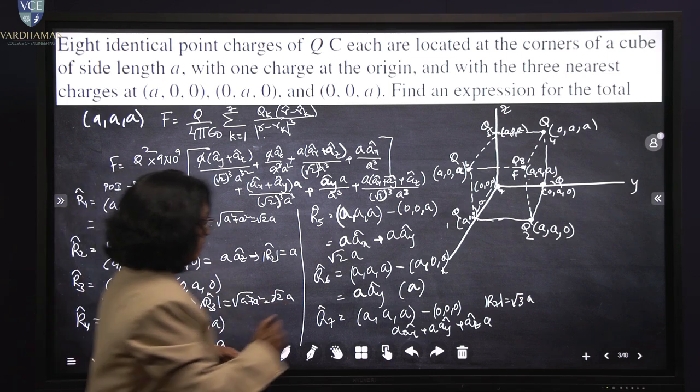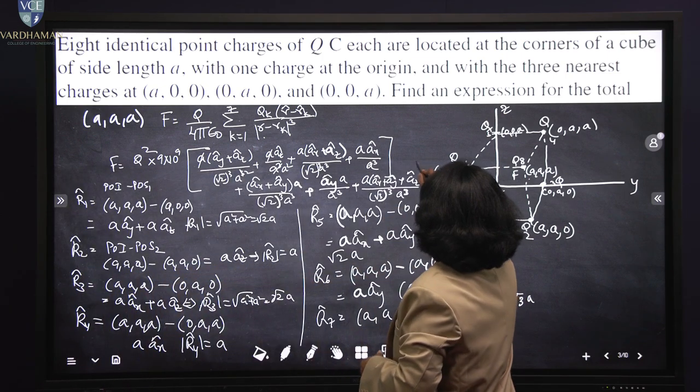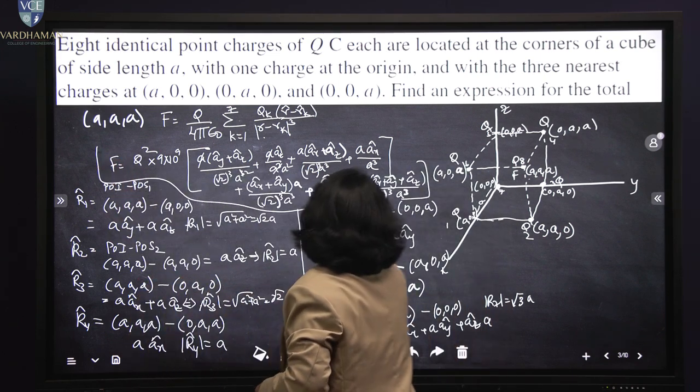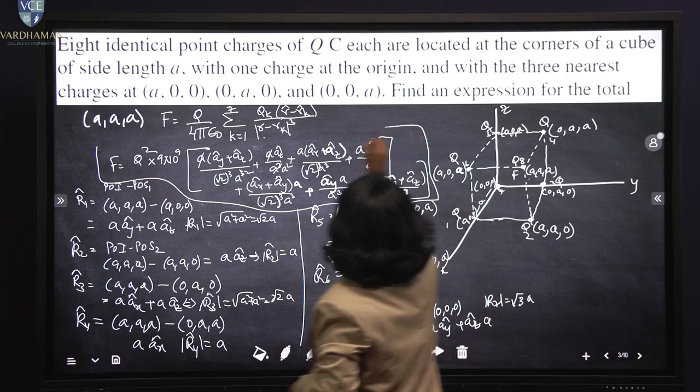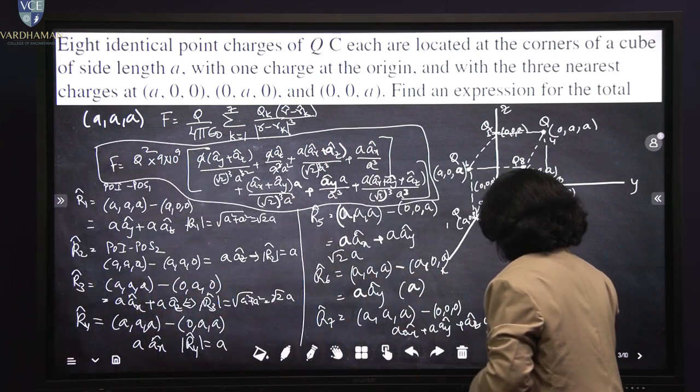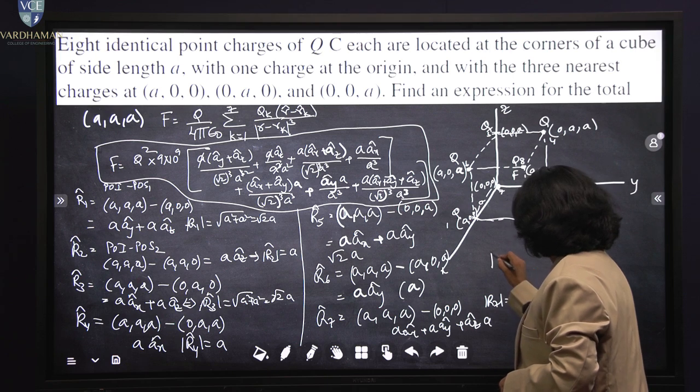I will write the answer directly, but you please try to calculate. This is the expression to be evaluated by yourself. Okay, so the finalized expression I am writing here.